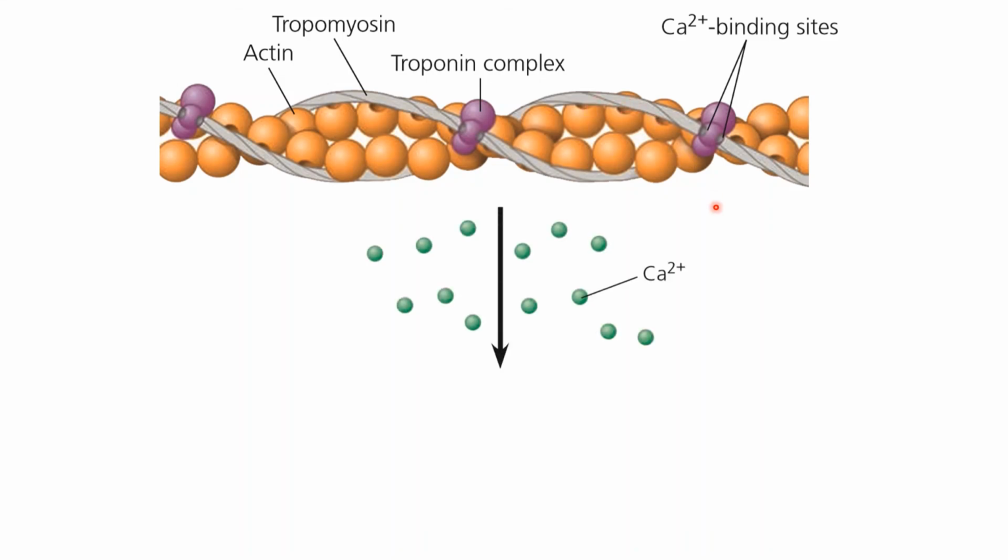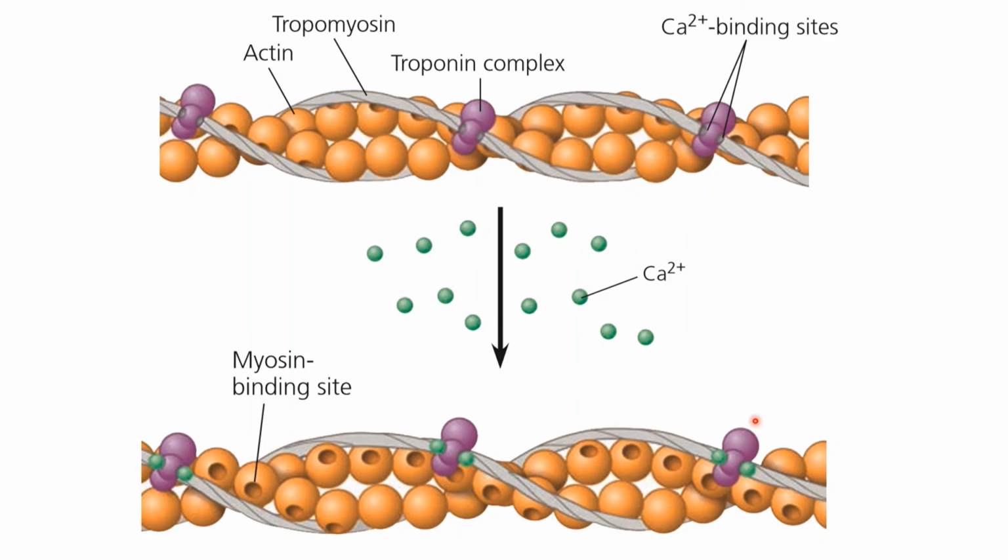But with the presence of calcium, calcium will bind to the troponin, and the troponin will cause the movement of the tropomyosin, allowing the exposure of these circular-shaped myosin binding sites. And once they are exposed, myosin can then bind to them and do its work to contract the muscle fiber.